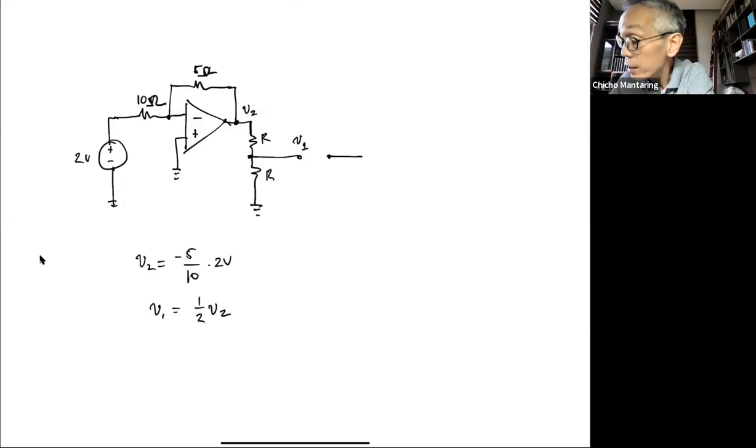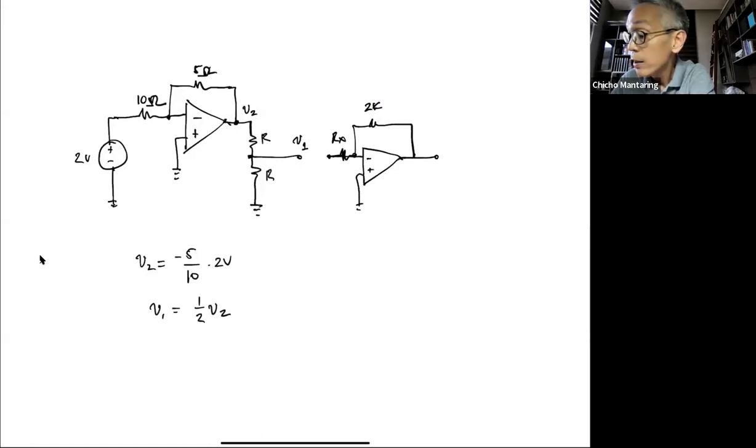But the minute I connect, let's say this is Rx, and then this is 2K, the minute I connect these two together, this is no longer going to be the case.